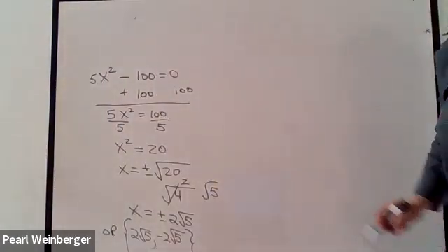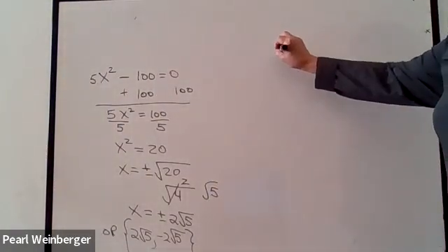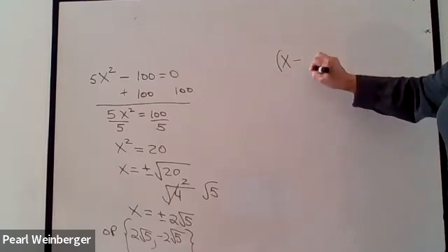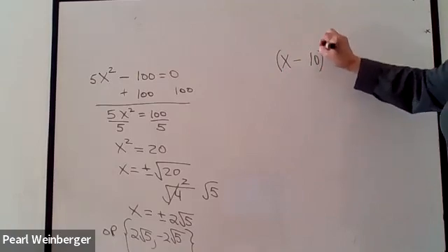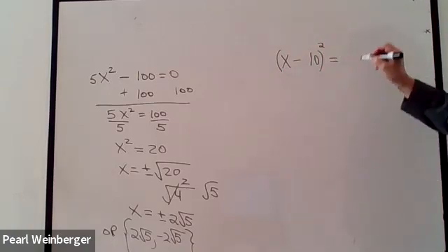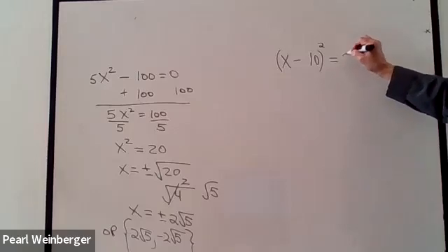What if I didn't have just x squared? Suppose I had something like this: x minus 10 squared equals 25.